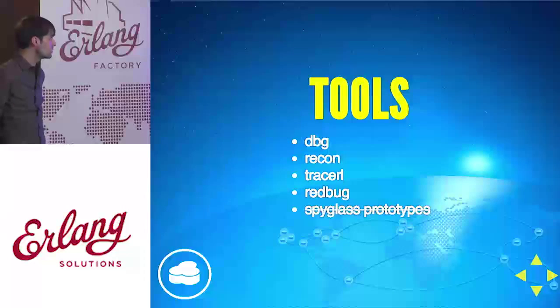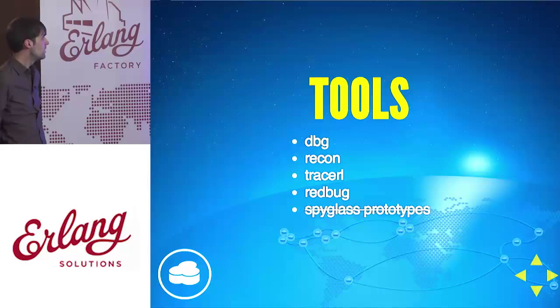So there are a couple tools. There's DBG. This is built into Erlang. It's very easy to use. You just start the app, so DBG start, and then DBG tracer, and then call DBG TP or TPL with the pattern that you want to match, and then you tell it what information to print.